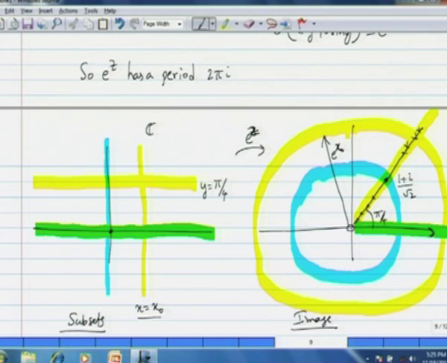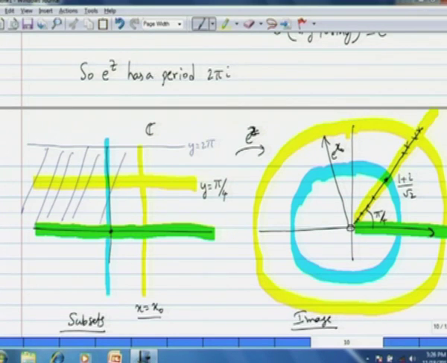So, let me go back to the picture. Let me use a pen of some color. Suppose this is, clearly not to scale, but let us suppose that is y equals 2 pi. And the region I am talking about is this hashed region here.